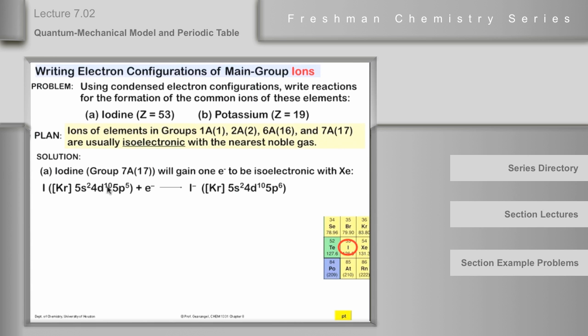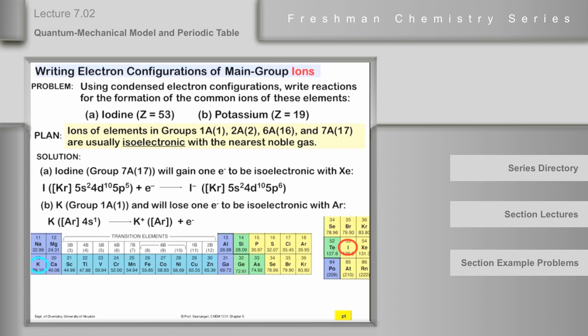There are 53 electrons in iodine: 36, and 2, and 10, and 5 is 53. We add 1, it'll be 54. That's the same as xenon. So this will be krypton 5s2, 4d10, 5p6. Okay?